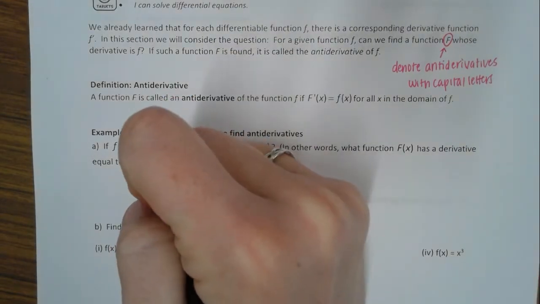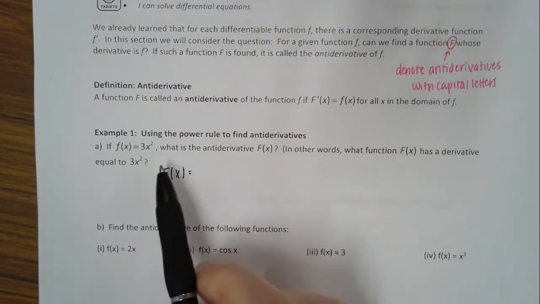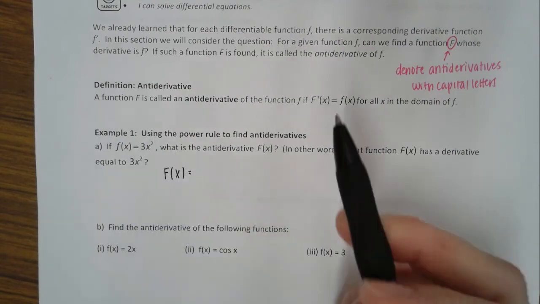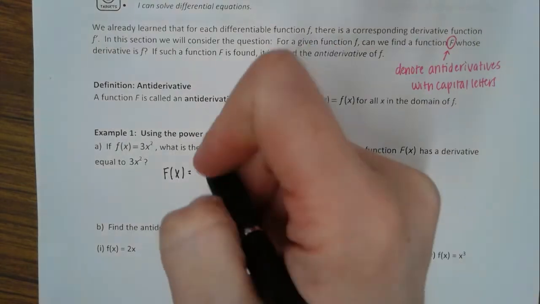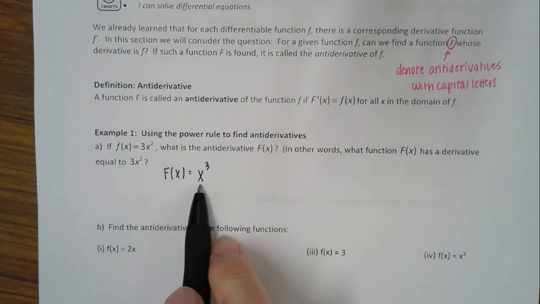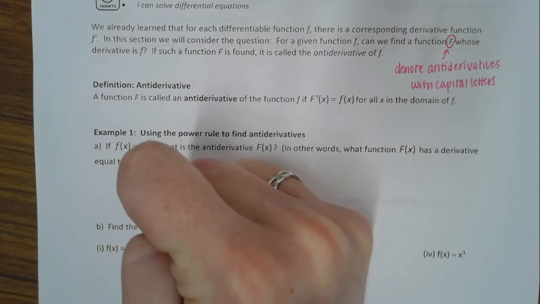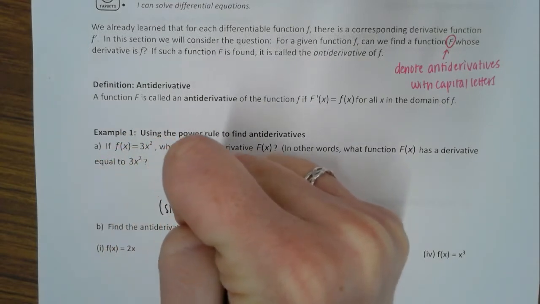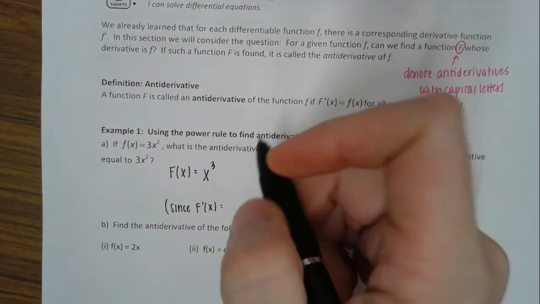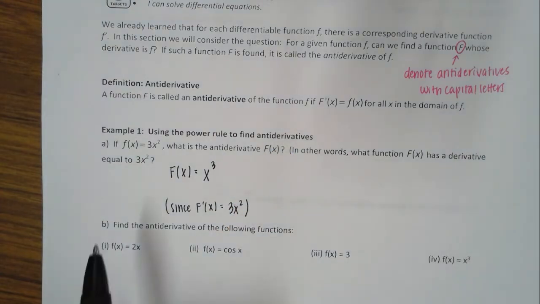So if I'm almost reversing derivative rules here, think about popping that 3 back up as the exponent. That would tell me that the original function that I started with would have had to be x to the third power. And that's because if I were to take the derivative of this big f of x function, using the power rule, dropping that 3 down and decreasing the exponent by 1 would give me the 3x squared.